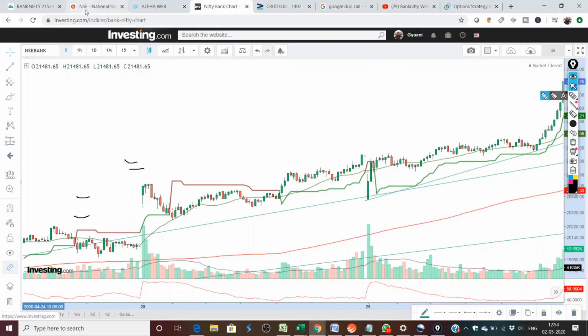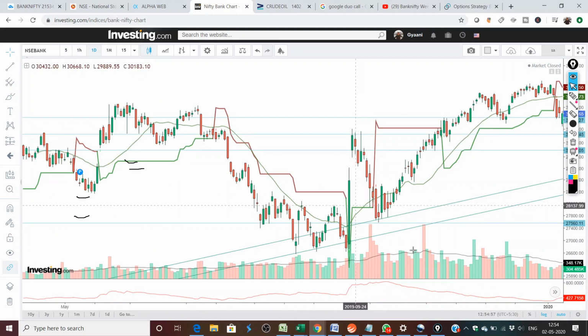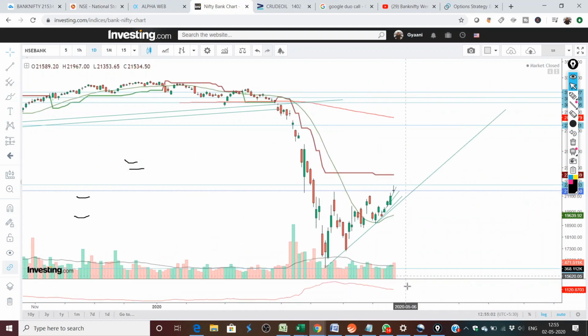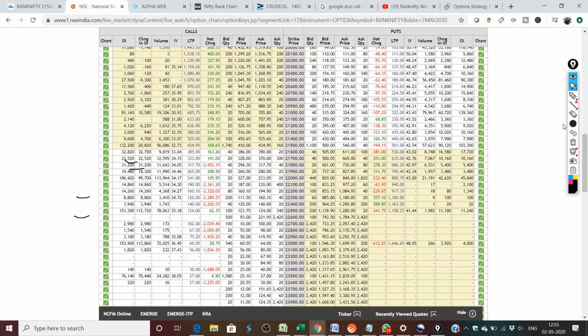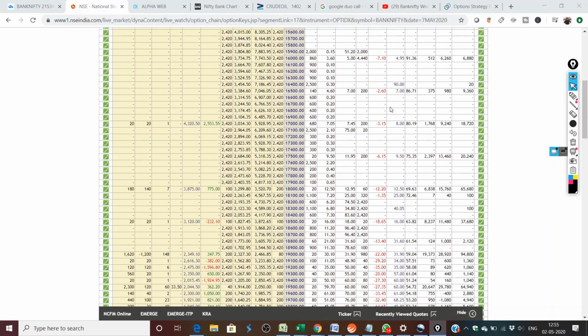And if you want to see how we are going to use ATR on a daily basis, you can always see that Banknifty has about a 1120 points range these days. So you can always go to the NSE chain, and this is the chain for 5th, 7th of May.